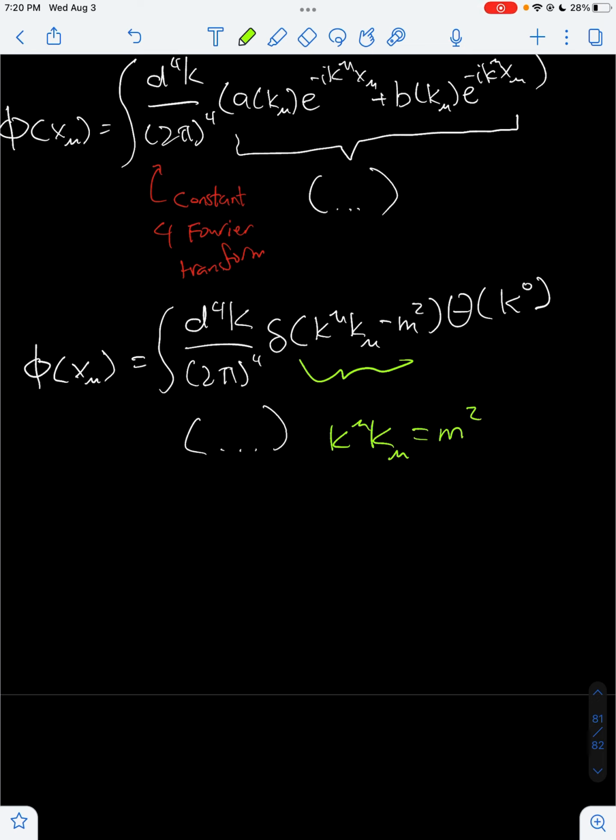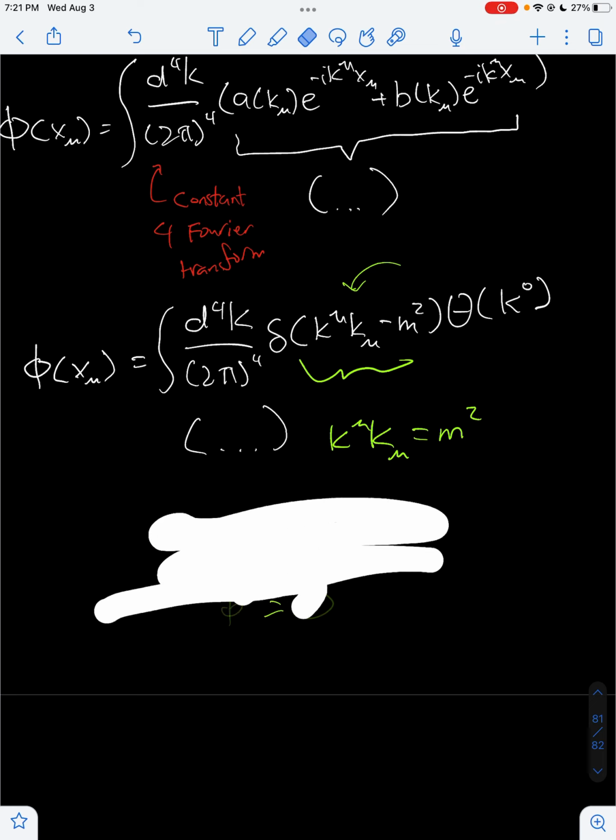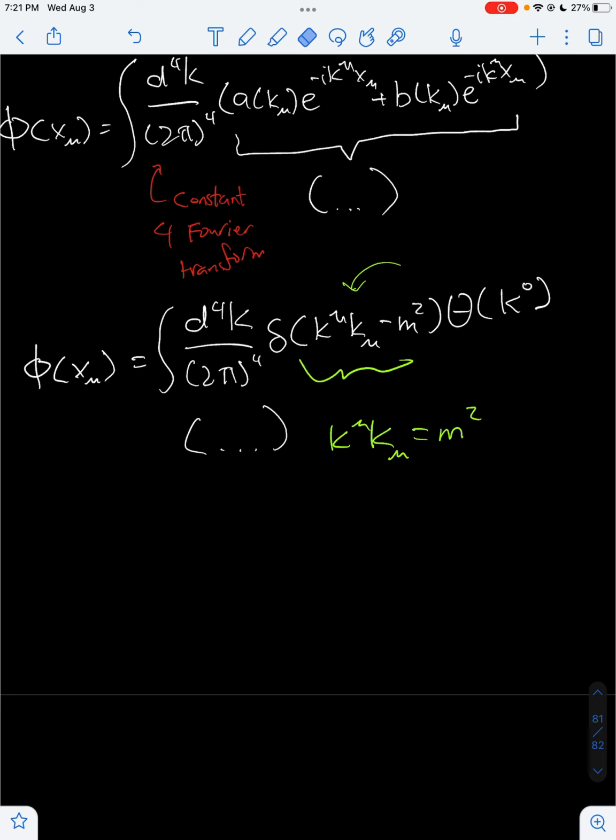So it encodes our mass on shell condition, because remember that if the input here is non-zero, then we get 0. So this tells us that if k mu squared does not equal m squared, it tells us that our field is 0. And that's still a solution to the Klein-Gordon equation, right? But just for a particle that doesn't really exist. So that's how we encode that condition with that delta function.